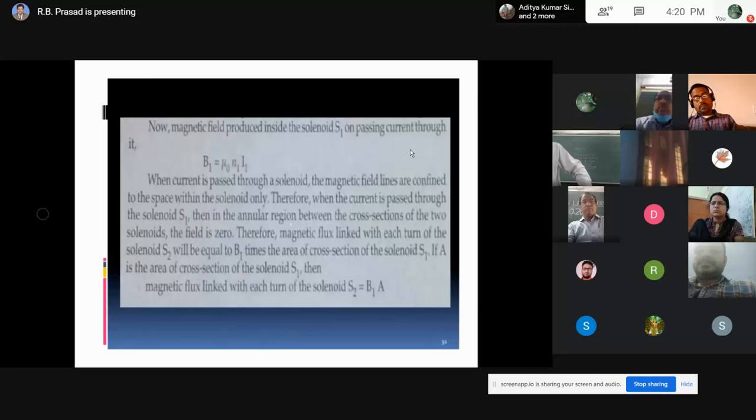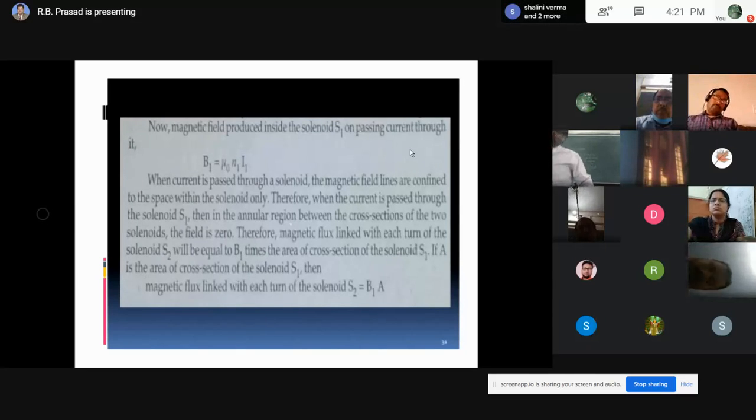Now the magnetic flux linked with each turn of the secondary. Whatever magnetic field is produced, from there we have to calculate the magnetic flux, and that will be B into A. B1 is in the above equation, you can see in the slide, and it is multiplied by the area of the solenoid.